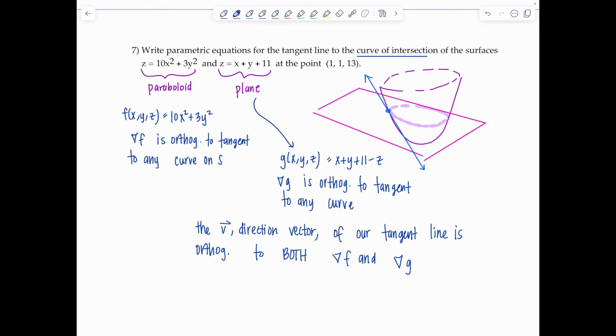So how could I get our direction vector? By taking the cross product of the gradients at that point (1, 1, 13). Okay, so here we go. It's pretty straightforward, but the reasoning, I want it to click. So the gradient of f would be, oh, I forgot to do minus z.